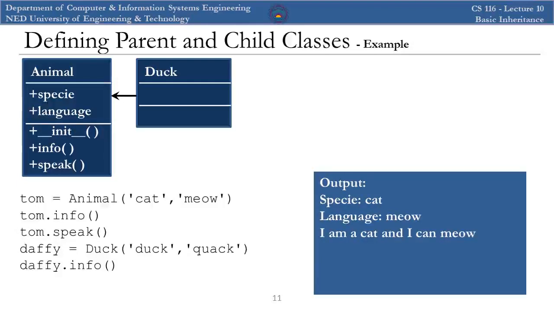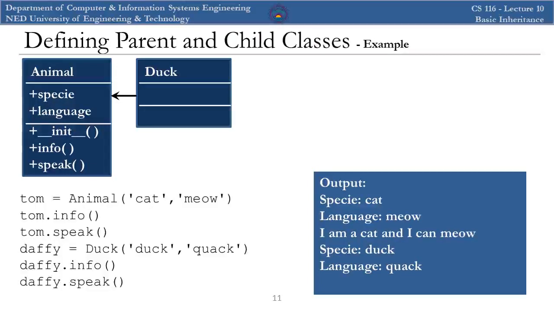For that I am calling this method info. Again, there is no method info defined in the duck class, so it will call this method from the parent class animal. It should print the info for this object Defi in that specific format: species colon duck and language colon quack.